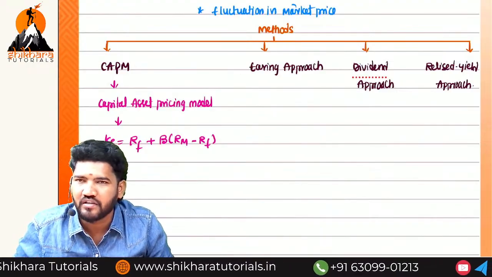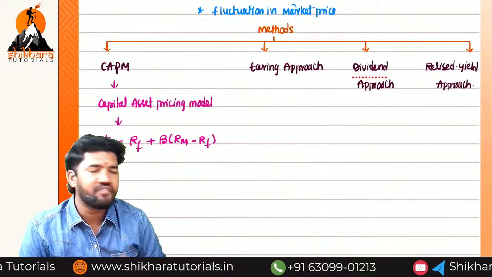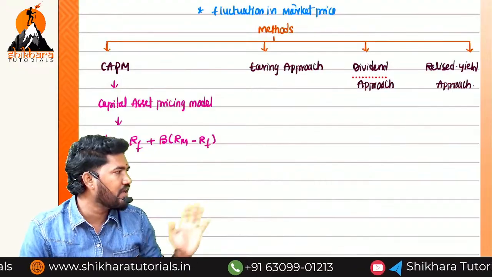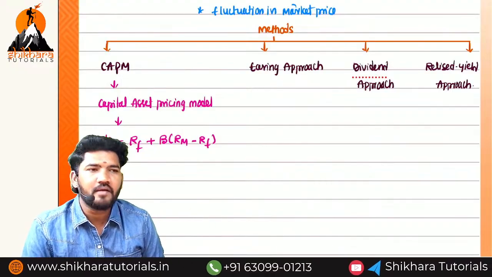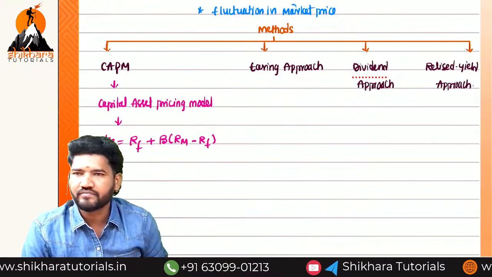Guys, clear? What about RF? Risk free rate of return. What about beta? Systematic risk. What about RM? Return on market portfolio, or return on market, you can use whichever word you want.